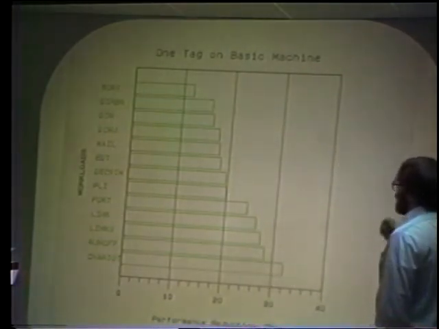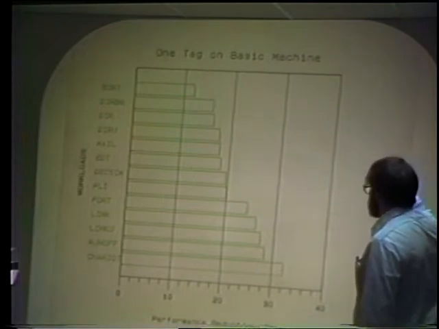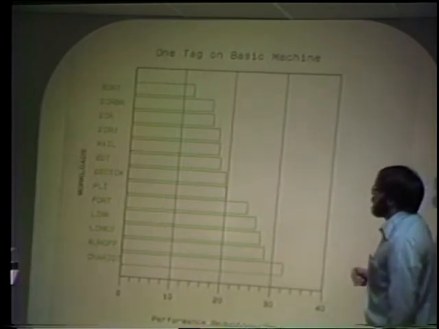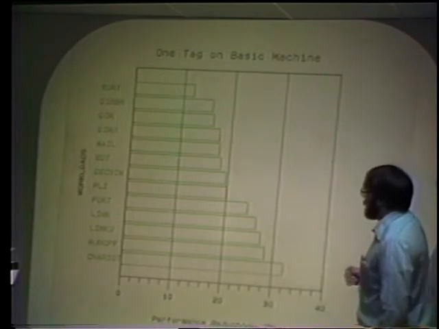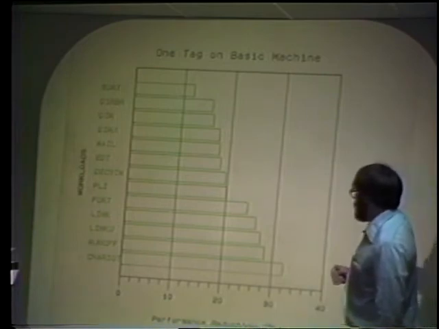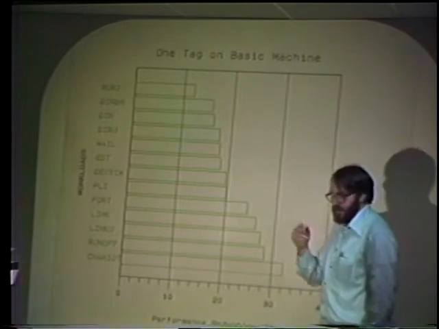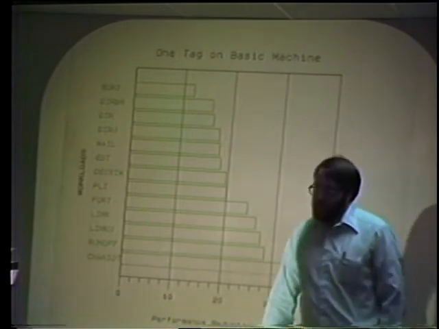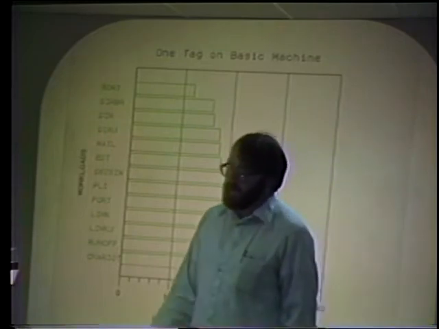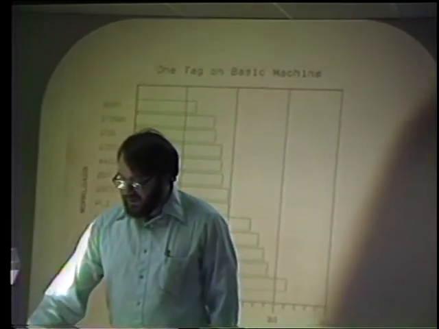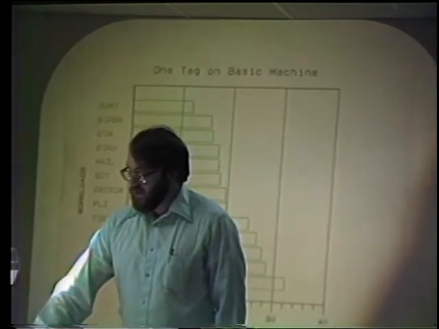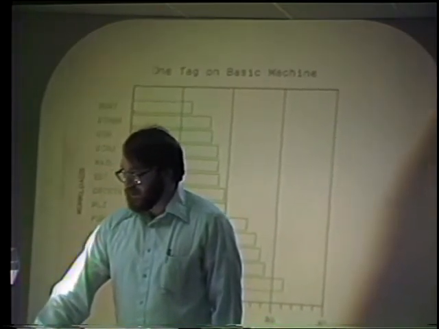And the performance degradation on the basic machine, by basically serializing the entire stream, is to degrade the performance from the figures it was at, the number of TPI, by about 12 to 30%. Almost all these charts are now going to be in percent change relative to either the basic machine or the enhanced machine.